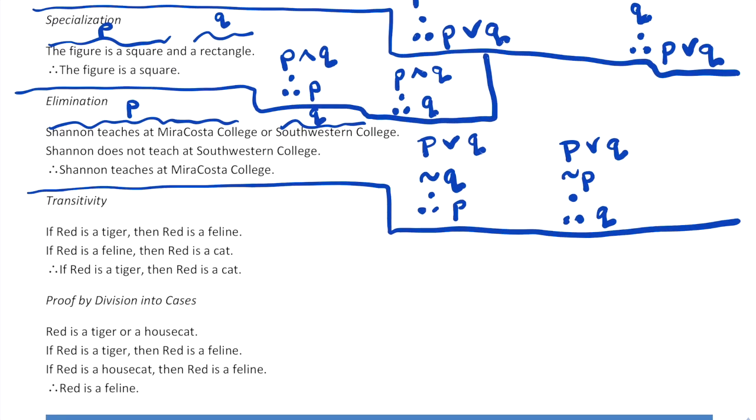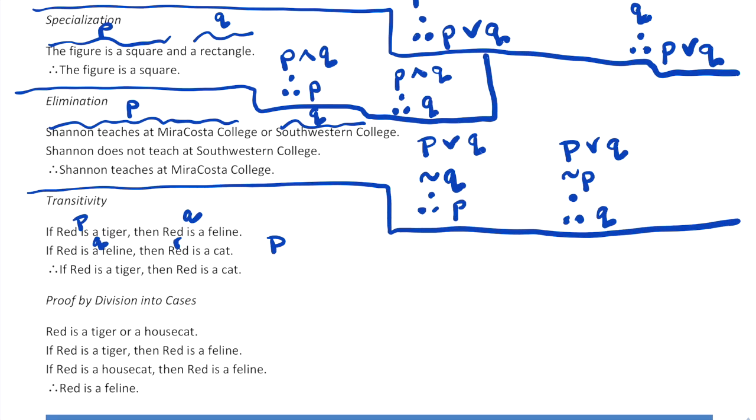Alrighty, transitivity. If red is a tiger, then red is a feline. So with this one, if we let red being a tiger be P, red being a feline could be Q, and red being a cat could be R, right? So, okay, what are we saying?